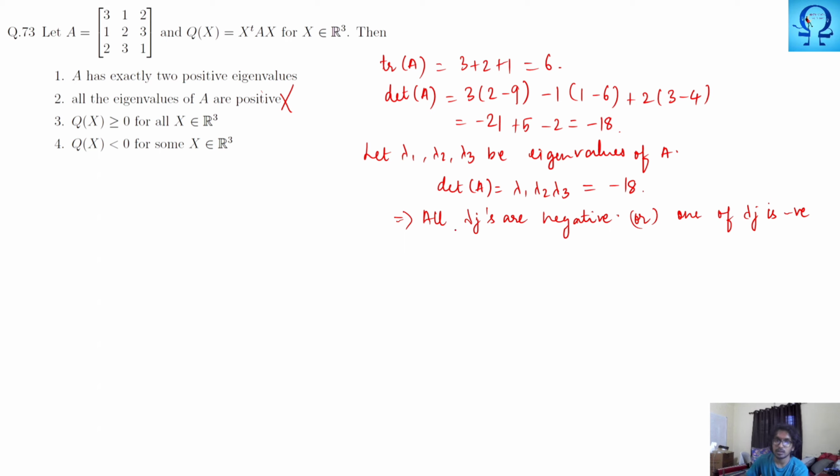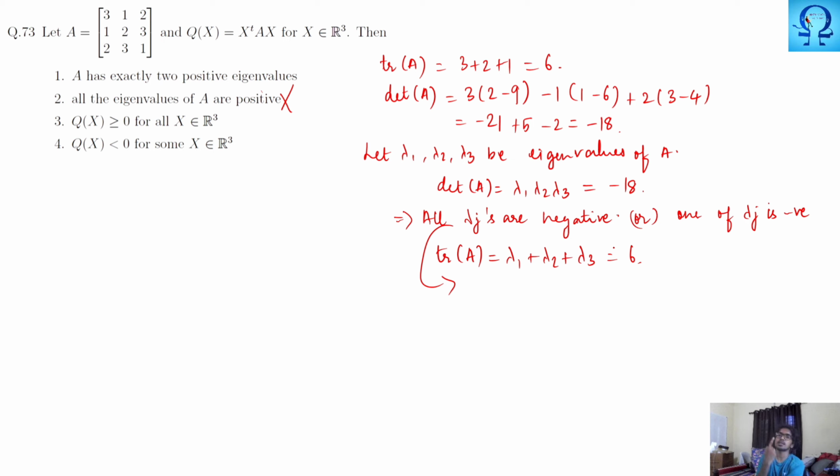Okay, and with determinant we come to this one. Now we'll write down the trace, that is the sum of lambda 1, lambda 2, lambda 3, which is 6. If all are negative, then this will not be satisfied.